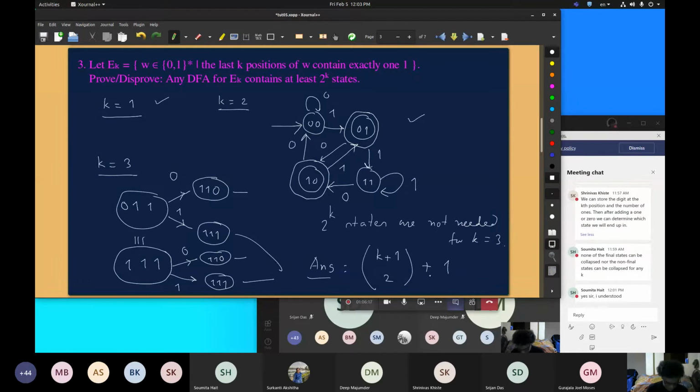These many states are needed: (k+1 choose 2) plus 1. Why? Okay, maybe you think. So this is an interesting puzzle. During a later meeting, maybe we will discuss this. Meanwhile, you try to think why these many states are necessary and sufficient.